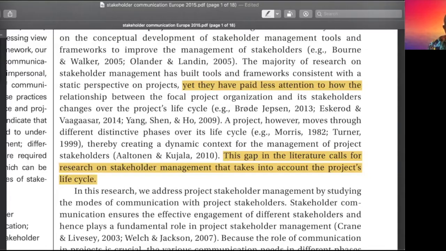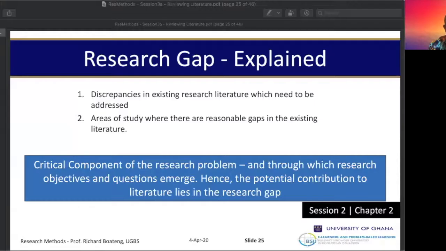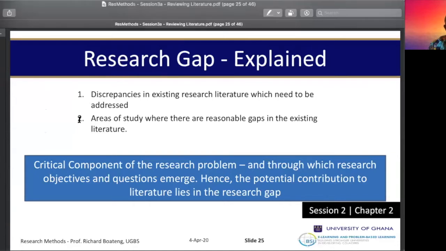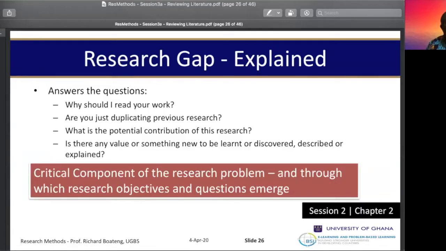Okay, so let's go back to our slides. So we emphasize that research gaps tell us the discrepancies in the research that need to be addressed. Now, it also answers the following question: why should I read your work? Because you selected a research gap.